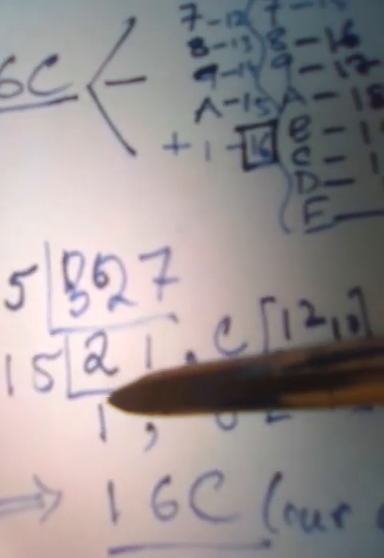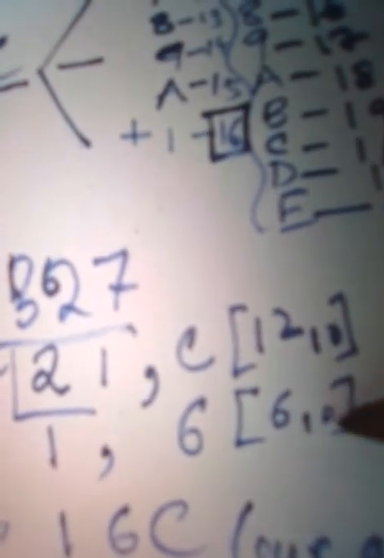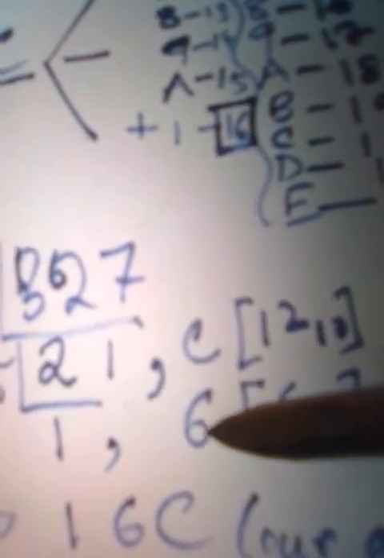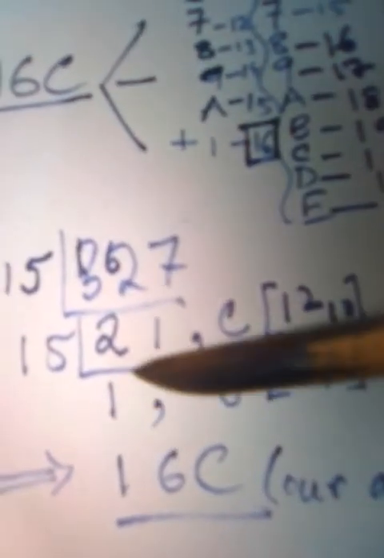And then when you divide 21 by 15, you get a quotient of 1 and a remainder of 6. The remainder 6 in decimal is also 6 in pentadecimal, base 15. And how do we write it out?